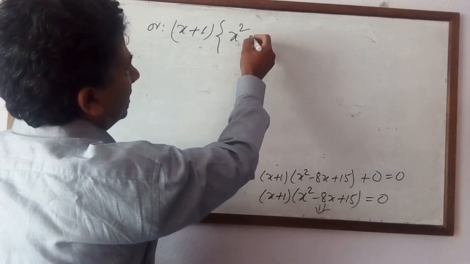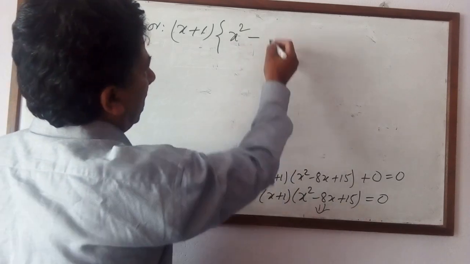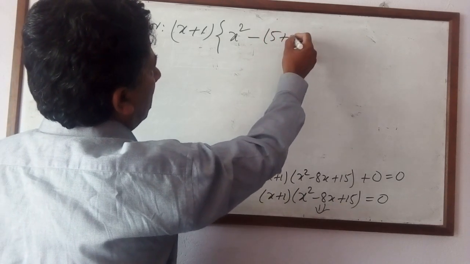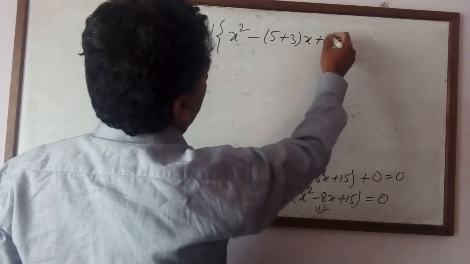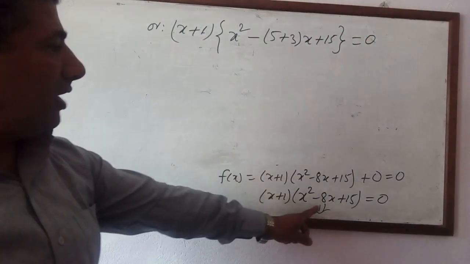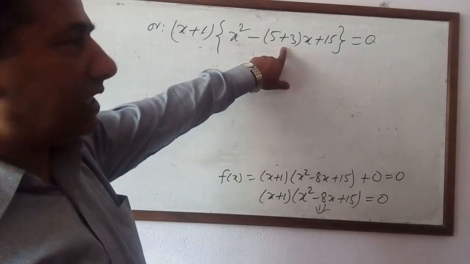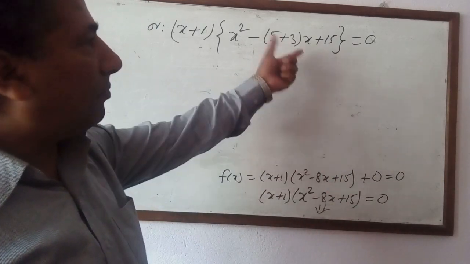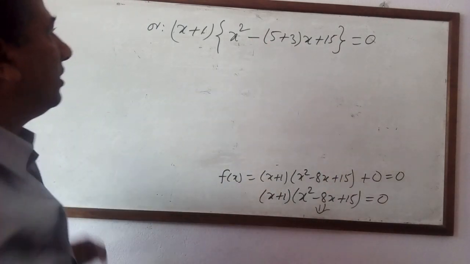Find the factor of minus 8x. Minus 8x means 5 plus 3x. I wrote it directly. Middle term factor. Minus 8x is split like this, 5 plus 3. Middle term factor.